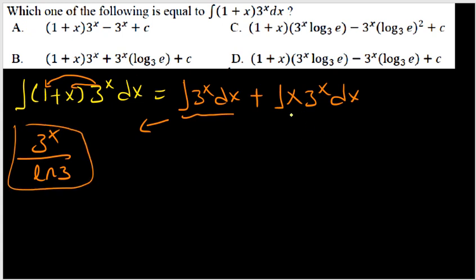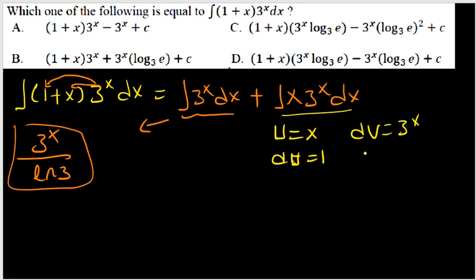When you come to here, we have to apply integration by parts. We can say u equal to x and du is equal to 1 and dv is equal to 3 to the power of x, so v will be 3 to the power of x over ln 3. So the integration by parts rule says first uv, multiply the two and then go in the left direction.